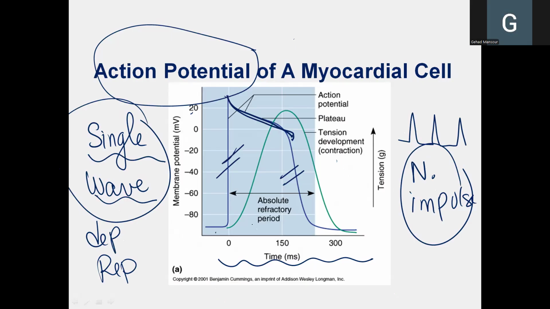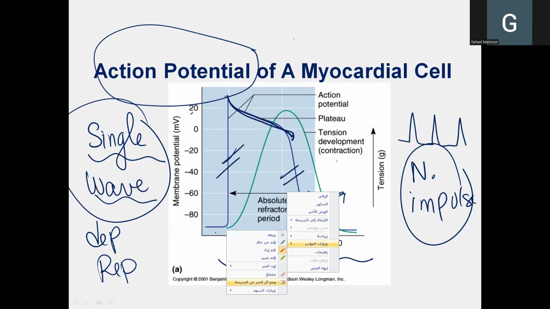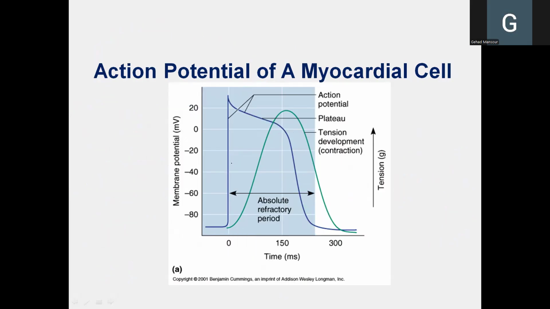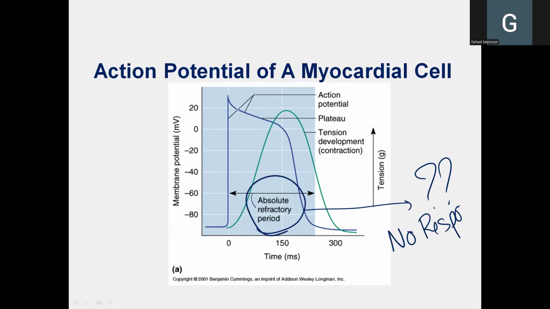Why does it have a longer duration than the rest of the action potentials? For example, this is the action potential of an ordinary muscle, not of a cardiac muscle. This is to lengthen the refractory period, because you have here the absolute refractory period. What is an absolute refractory period? It is the period when the cardiac muscle cannot respond at all, however strong the stimulus applied.